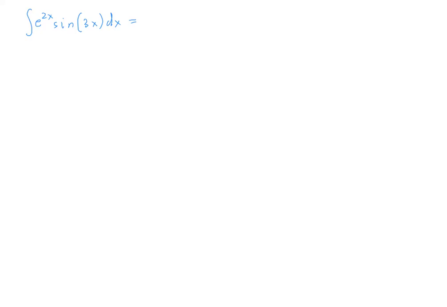So if we choose e to the 2x in the first integration by parts, it should also be e to the 2x in the second. If you decide to go with the trigonometric function as the thing that you're going to integrate, then you should do the same thing in the second integration by parts. So here we're acknowledging that e to the 2x is the derivative of e to the 2x over 2.